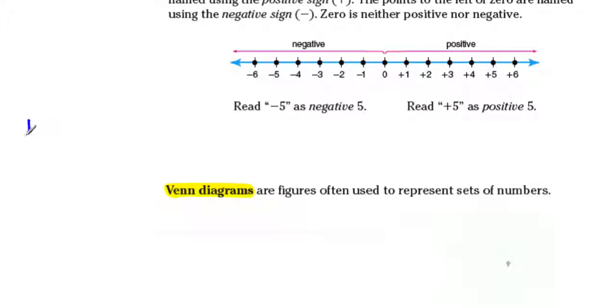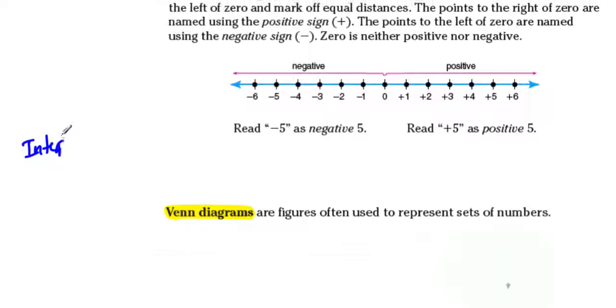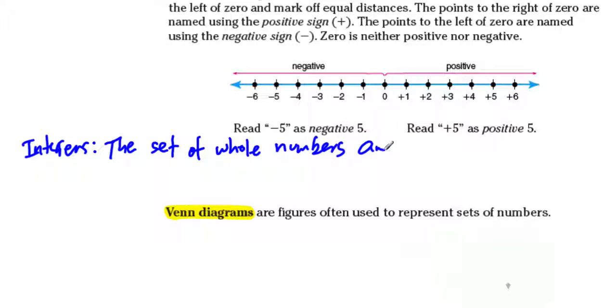Integers: it is a set of whole numbers and their opposites, including 0.